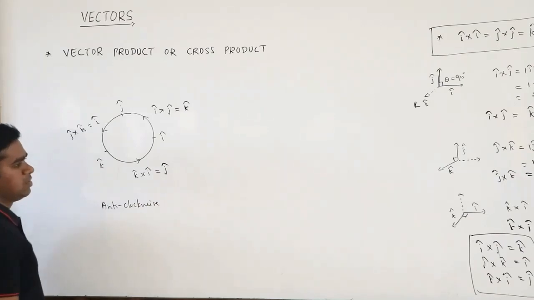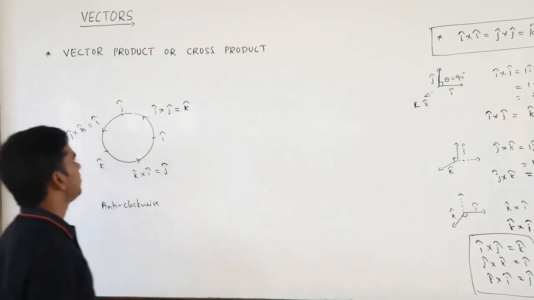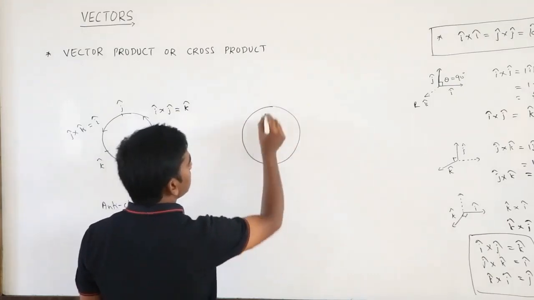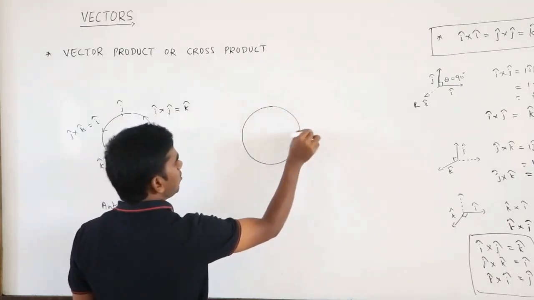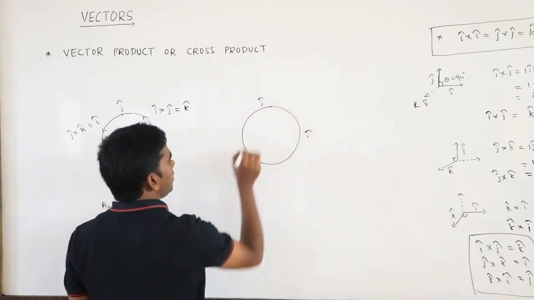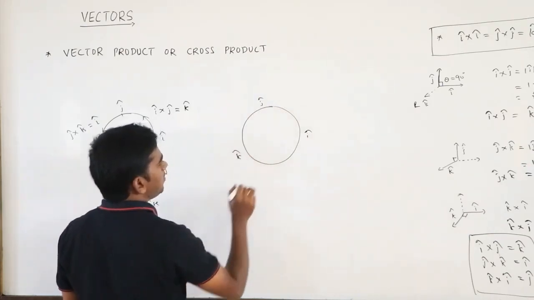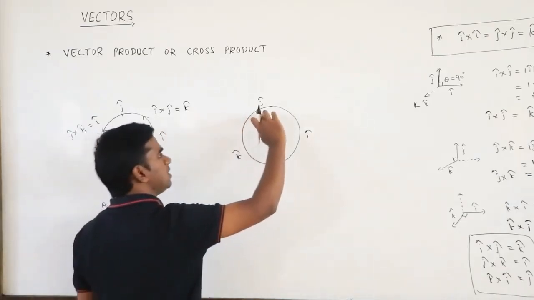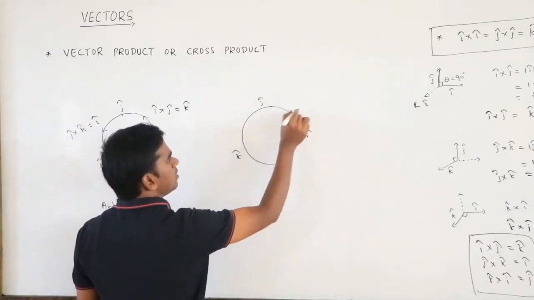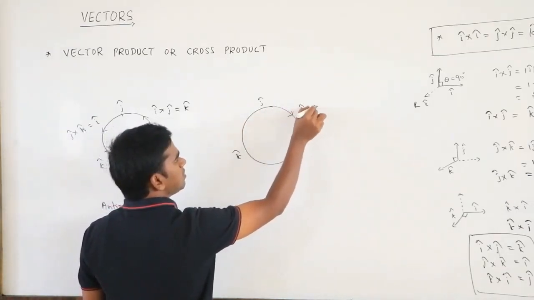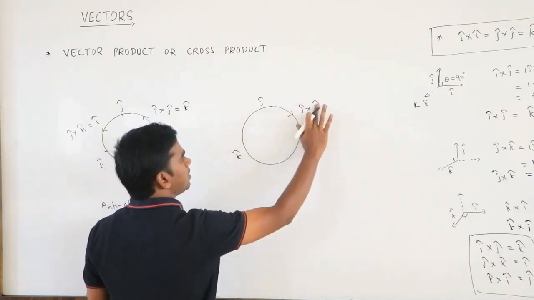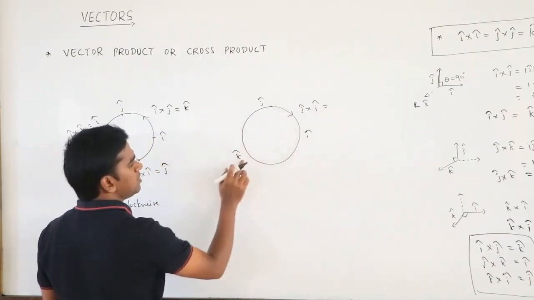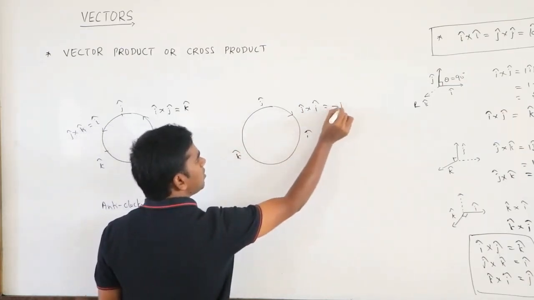Okay. If you take the reverse, meaning a clockwise direction, again you can take i cap over here, j cap here and k cap here. Instead of going from i to j, if you are coming from j to i, what is the opposite? The opposite is k cap, but you have to take negative.